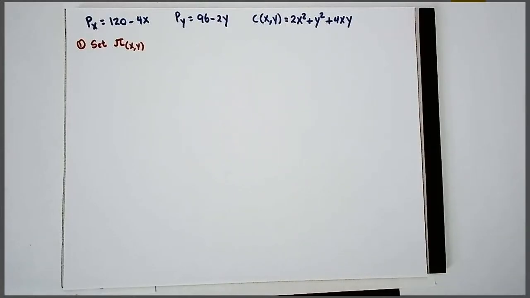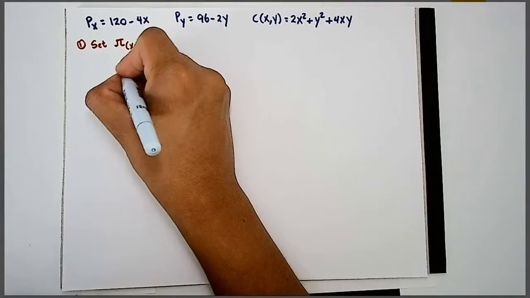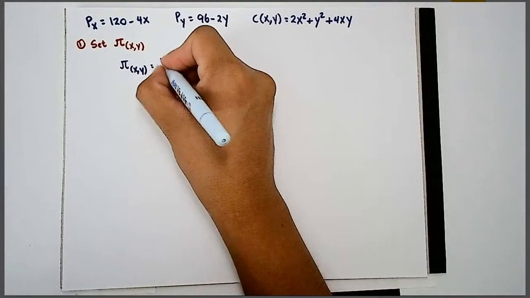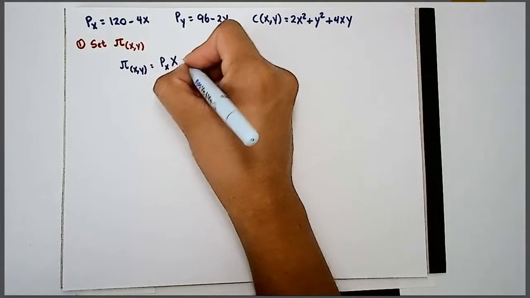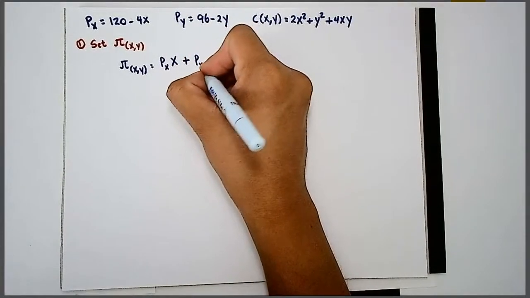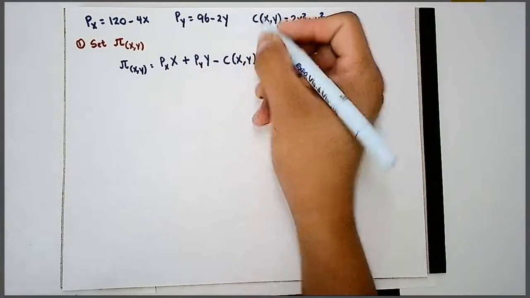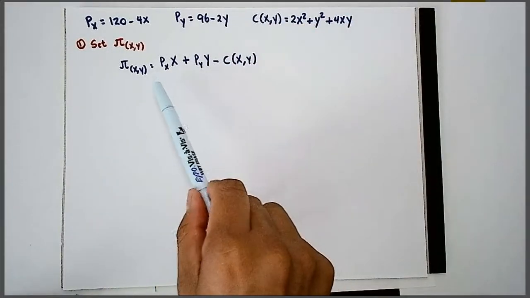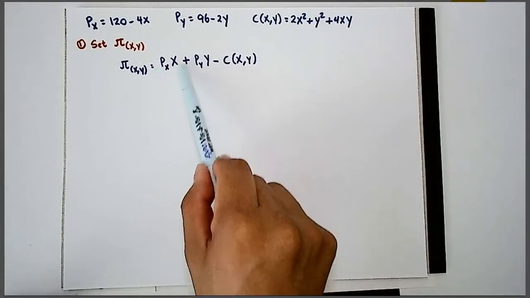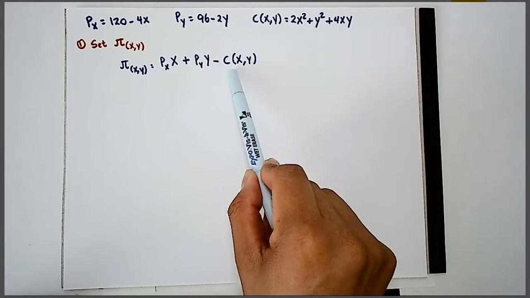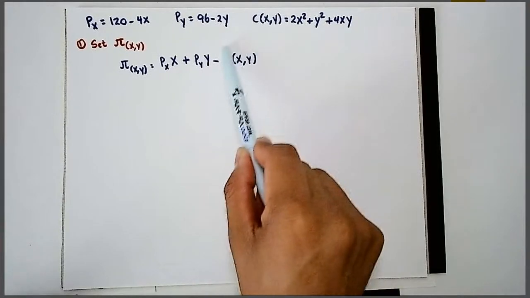First, we need to set the profit in terms of quantities of X and Y. Remember that profit is equal to the price of X times X plus the price of Y times Y minus the cost function. This is because profit is equal to the revenue obtained from X plus the revenue obtained from Y minus the cost of producing both goods.